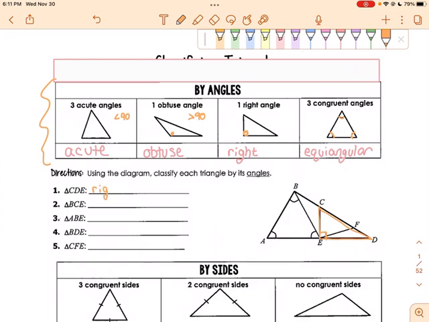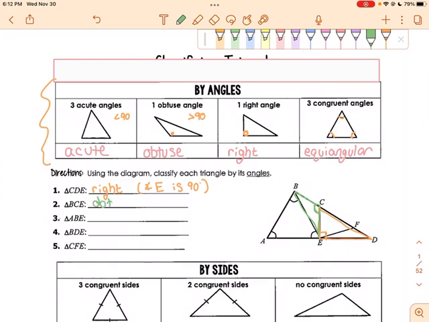Okay, so we have triangle CDE is the first one. So if you look here, that definitely has a right angle, so we're going to call this a right triangle. We'll put our reasons because that will help us when we go to do proofs, and we'll say angle E is 90. Next one is triangle BCE.